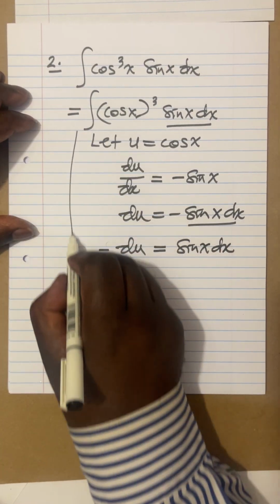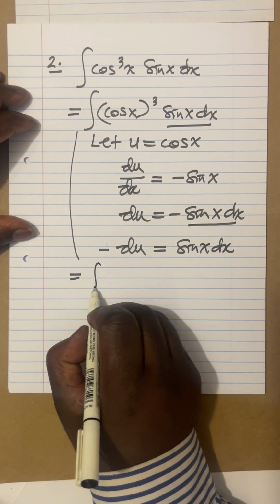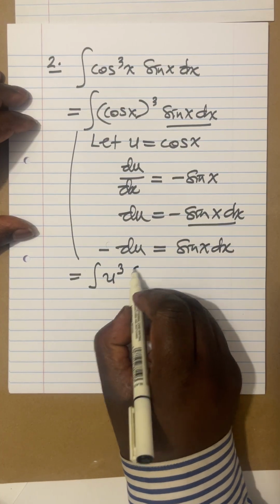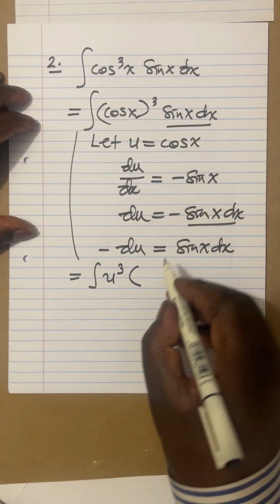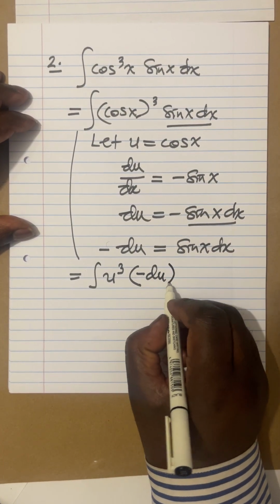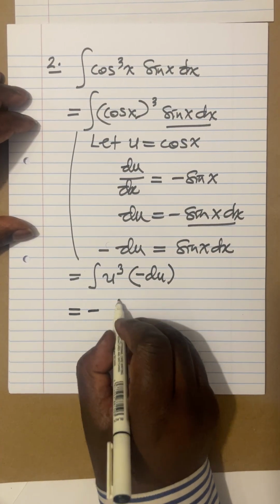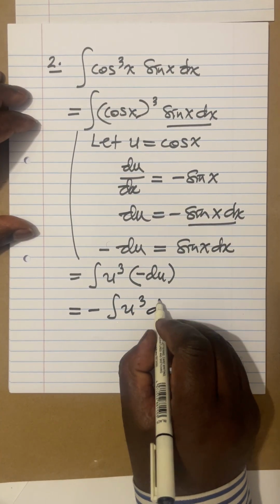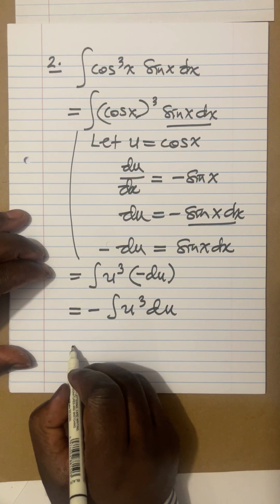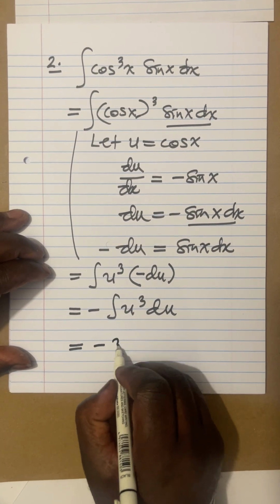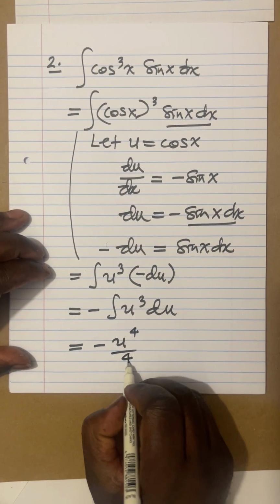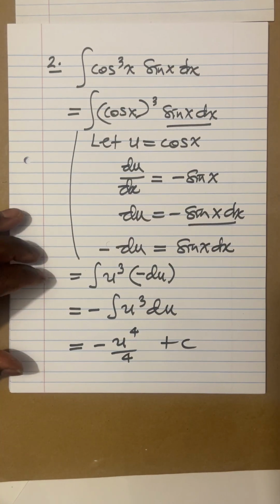So this integral then changes to the integral of u cubed. In place of sine x dx, I'm going to put minus du there. Take the minus out, it's minus the integral of u cubed du. And this simplifies to minus u^4 over 4, obviously plus c, because we're dealing with indefinite integrals.